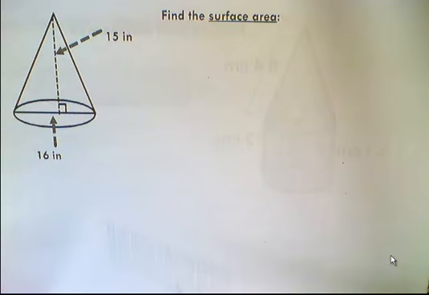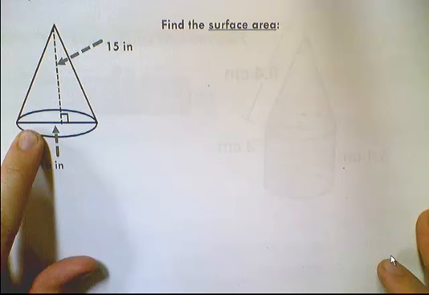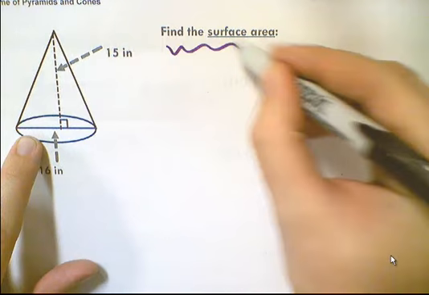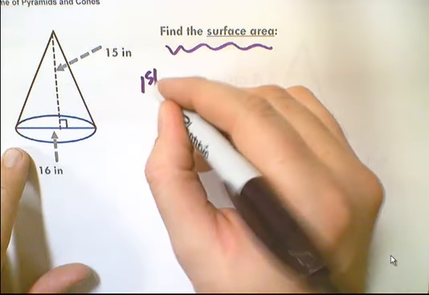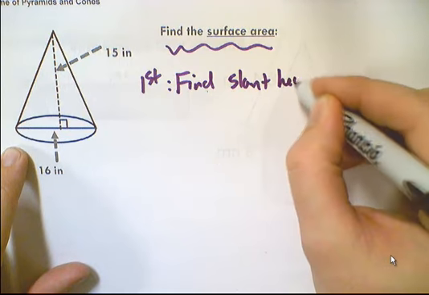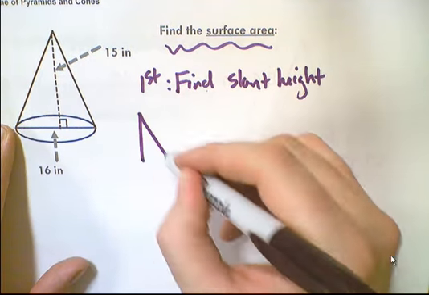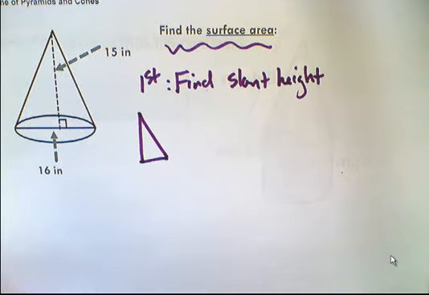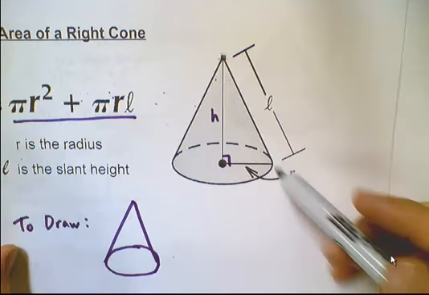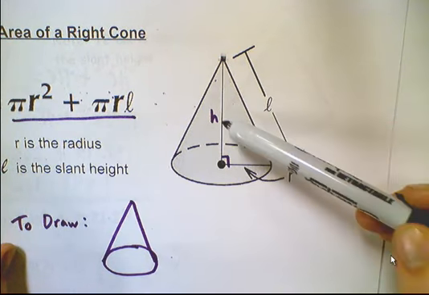Now, you do have sometimes the situation where you need to find the slant height. Okay, and we'll talk about the surface area in a moment. But first thing is to find the slant height. If we think back to the original formula we were given, I have my slant height, I have my height, and I have the radius.